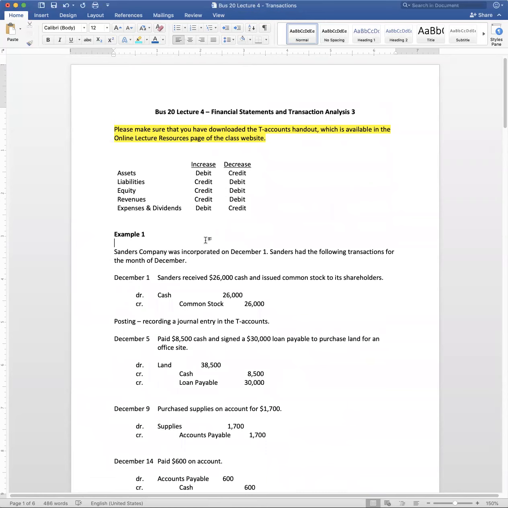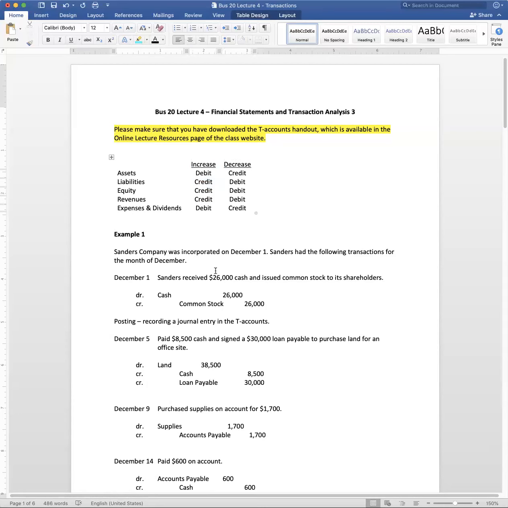So we have a positive amount of cash, but we also have a positive amount of debt. We have a positive amount of stock, a positive amount of revenues, a positive amount of expenses. Right? So these things do not all work in the same direction. That's what the debits and credits represent. But they all have positive totals. In other words, more increases than decreases.